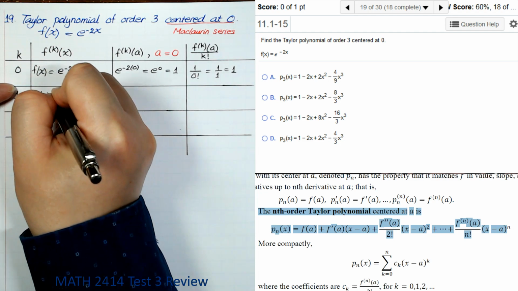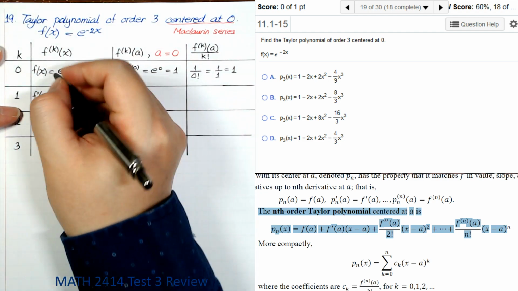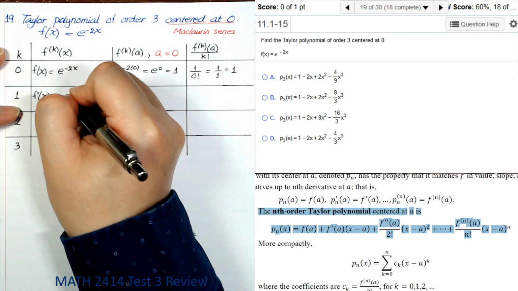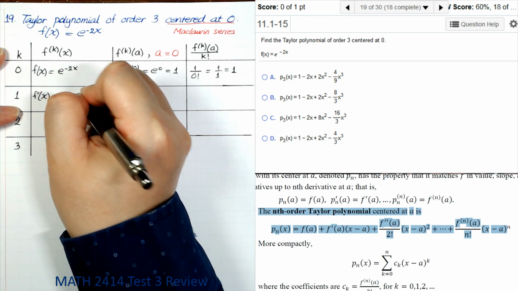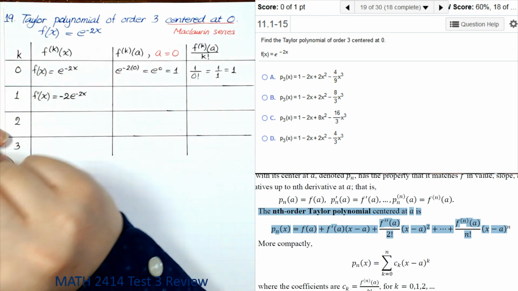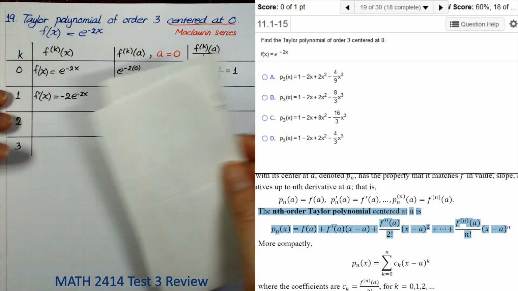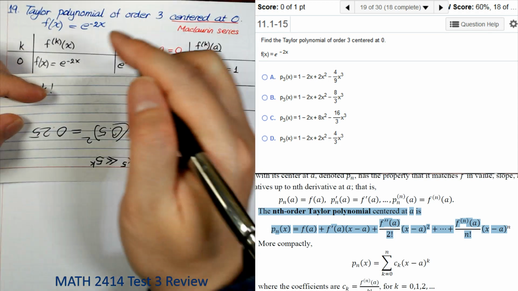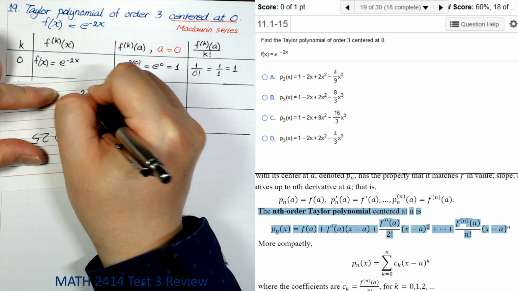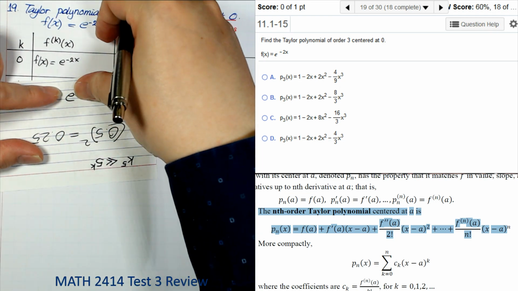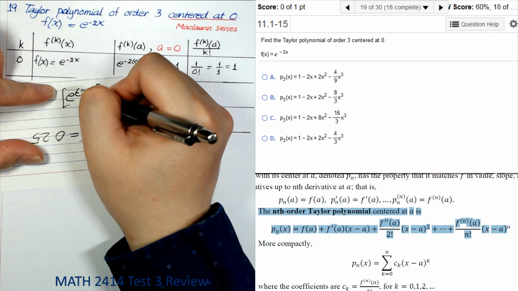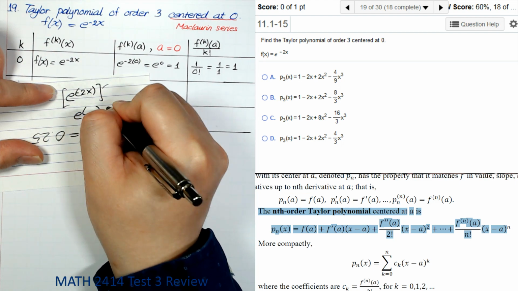Take the derivative. Derivative of that is just negative 2 e to negative 2x. That is the chain rule. E to the negative 2x, doesn't matter what the power is, the derivative is e to the same thing.